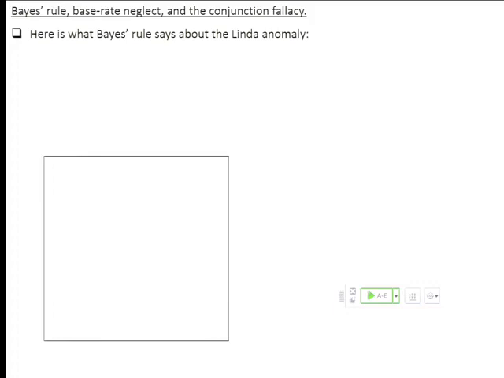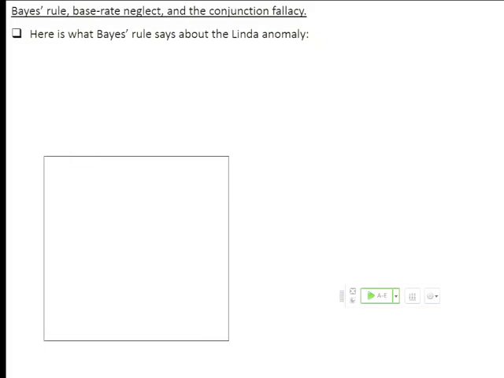I'm going to lump non-feminist bank tellers and non-bank tellers together, and just for simplicity, assume that they have the same probability of being liberal. This is people who are not feminist bank tellers, right? Which includes non-feminist bank tellers and non-bank tellers.